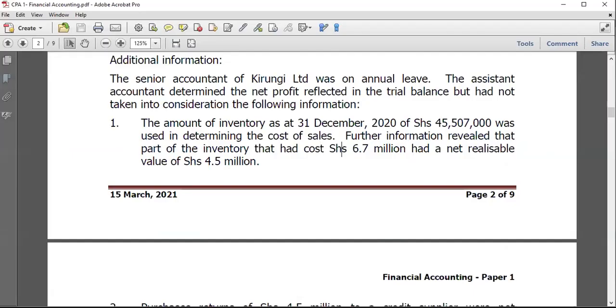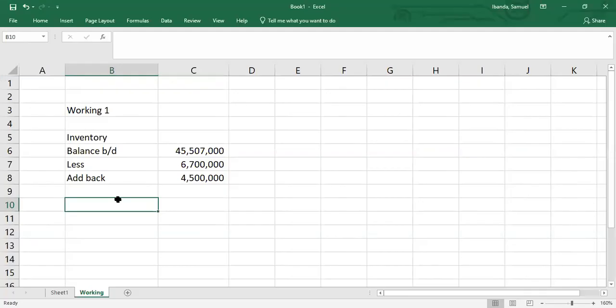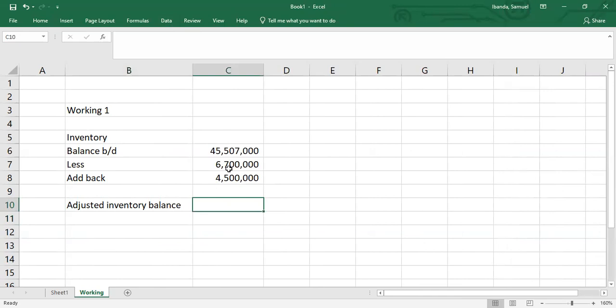Yes. So what I'm doing right here, once I do that, I say adjusted inventory balance. So what this would give me: this one I'm lessing, this minus that.